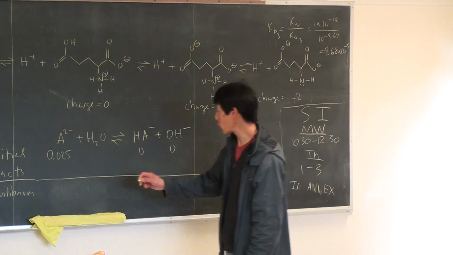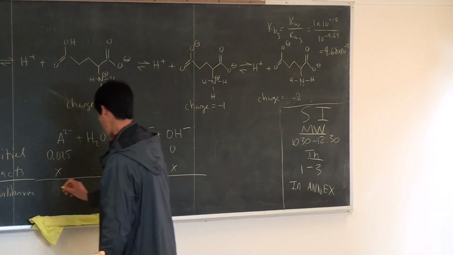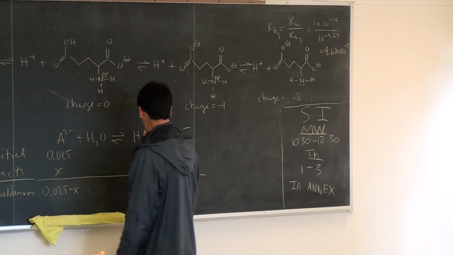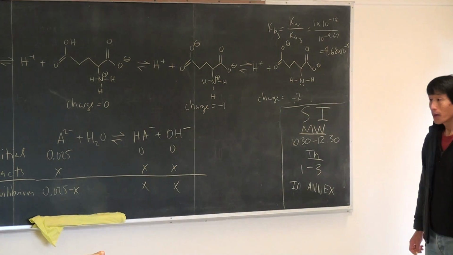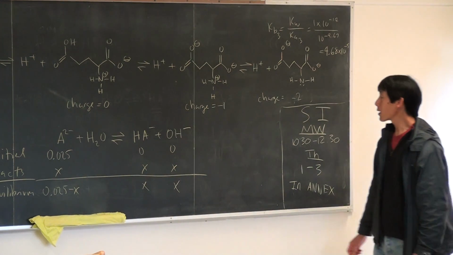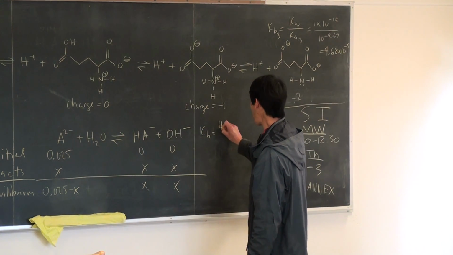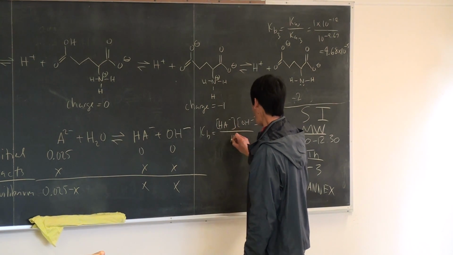Okay, so we put in our variables. So now we know that Kb is equal to HA minus times OH minus divided by A2 minus.